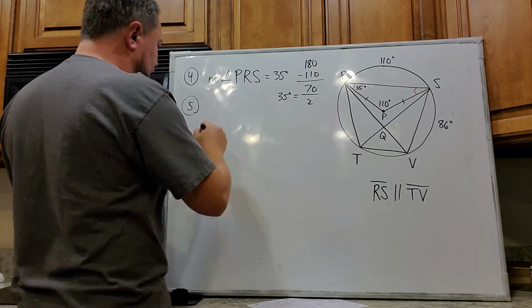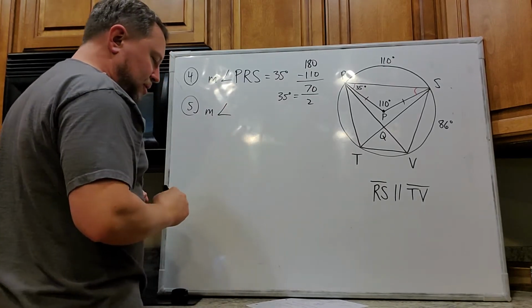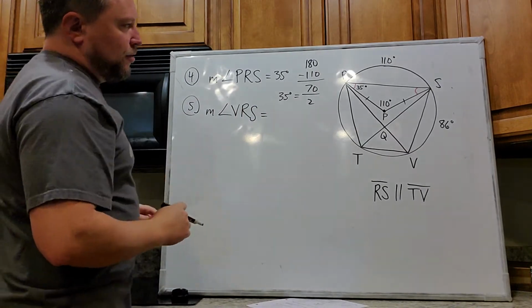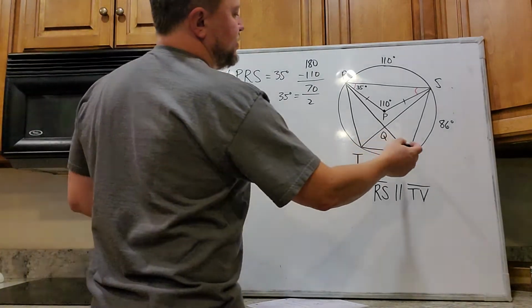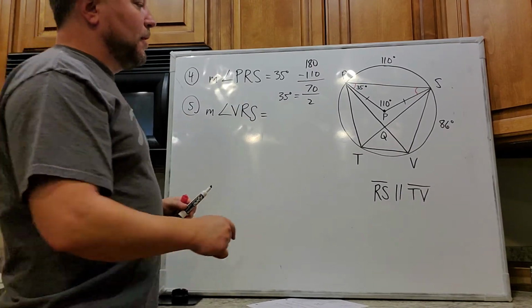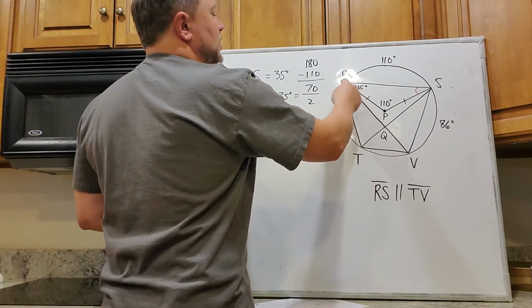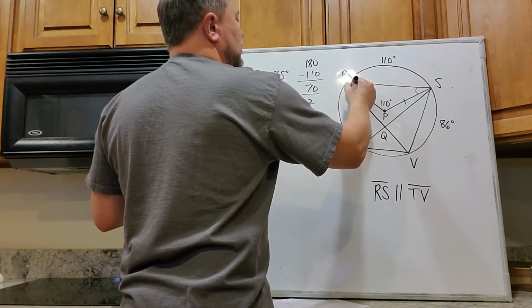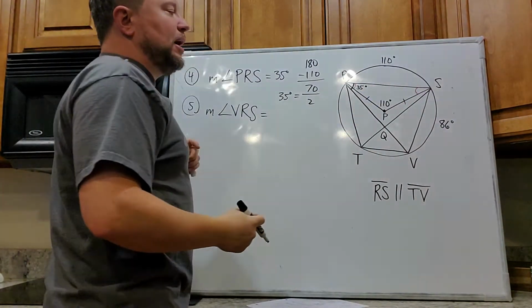On problem number 5, they want the measure of angle VRS. VRS. All right, now here's finally an inscribed angle problem. Okay, if you look, VRS. It's this angle that goes all the way across there. It's bigger than 35, obviously.